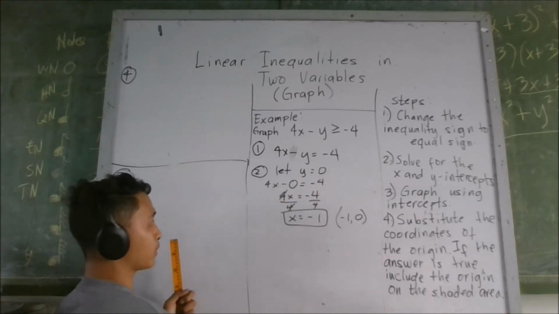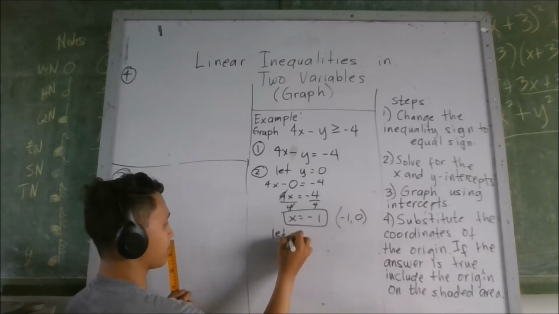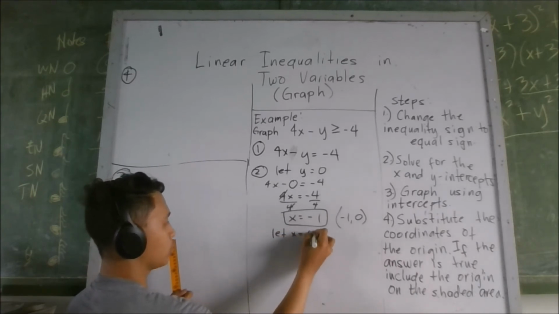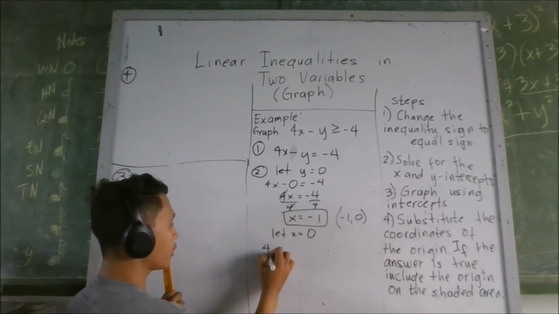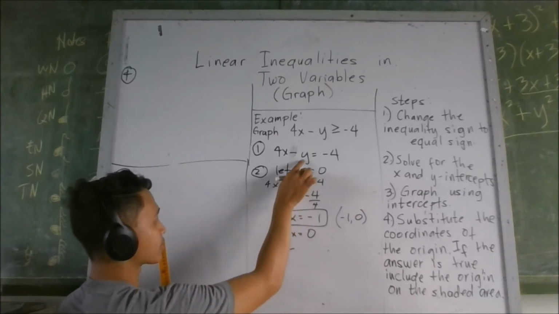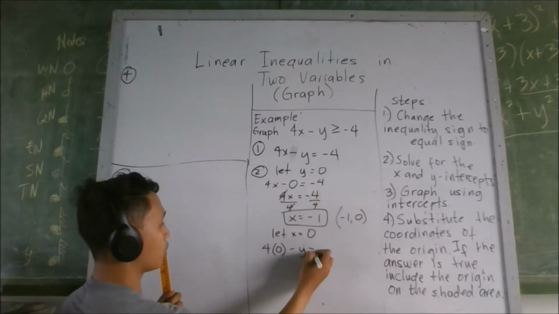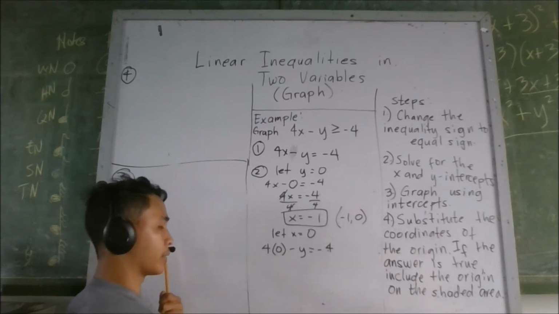Okay? The other one is for the y-intercept naman. So if we're looking for the y-intercept, let x equal to 0. Okay? So that would be 4 times x na 0 minus y equals negative 4. Right? So 4 times 0 is 0.